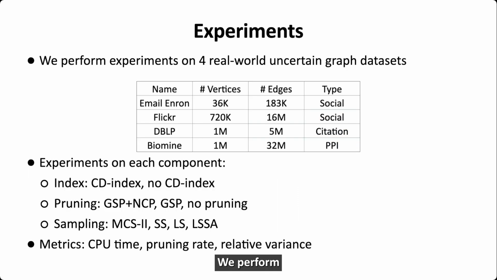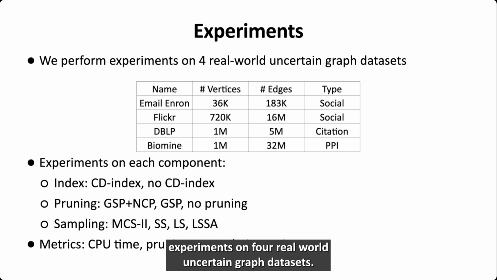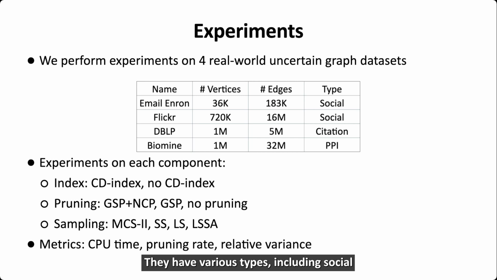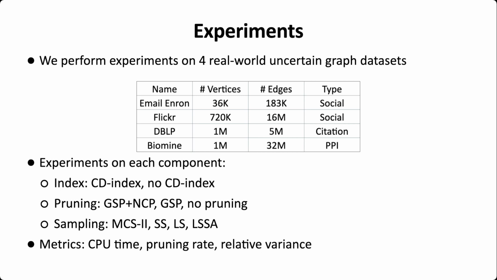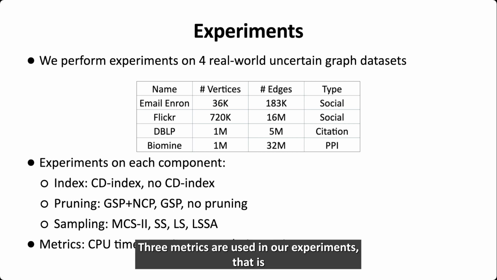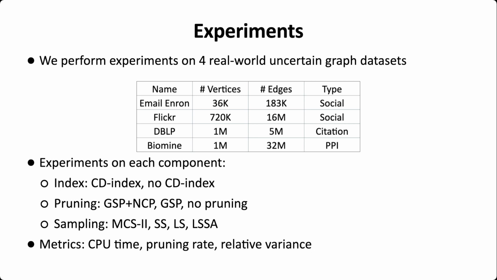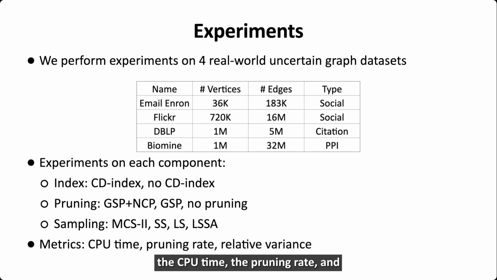We perform experiments on 4 real-world uncertain graph datasets. They have various types, including social network, citation network, and PPI network. 3 of them are large graph datasets. We test the performance of each component in the pipeline, including the CD index, the pruning strategies, and the sampling techniques. 3 metrics are used in our experiments, that is the CPU time, the pruning rate, and the relative variance.